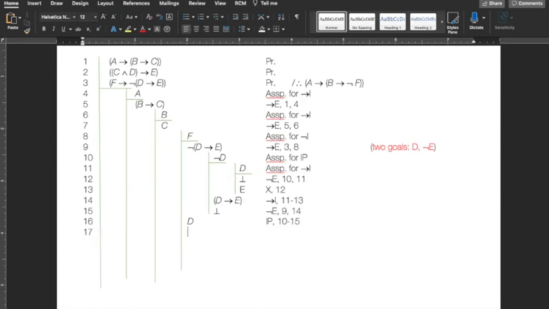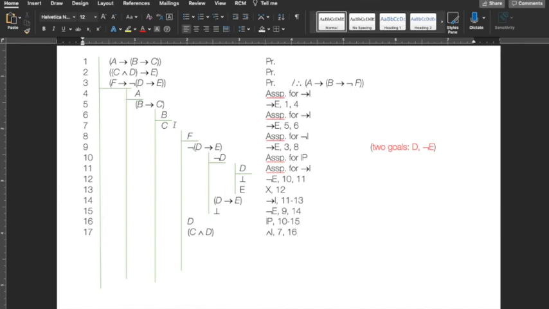Now, since I proved D, that means I can get C and D. Note that that stays within this subproof. So C and D comes from lines 7, that's conjunction introduction, lines 7 and 16.